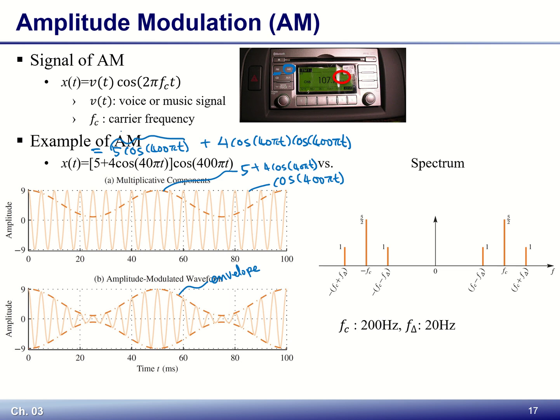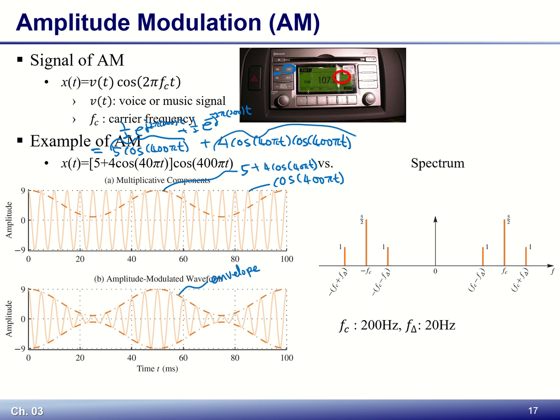This is a half exponential j 2 pi 200t plus a half exponential minus j 2 pi 200t.